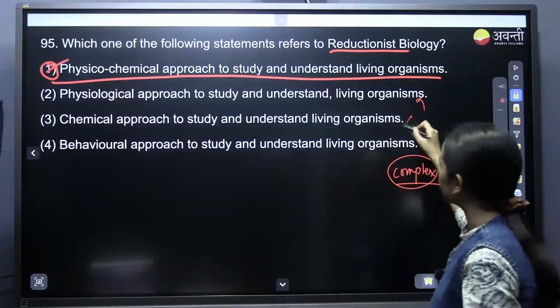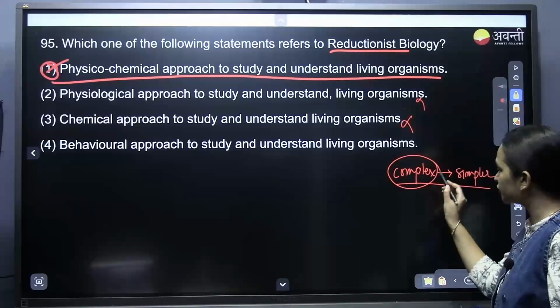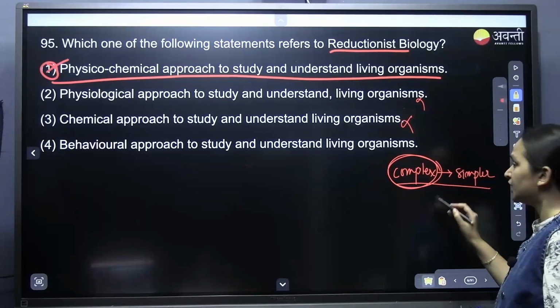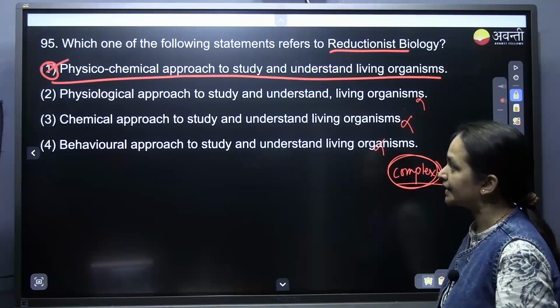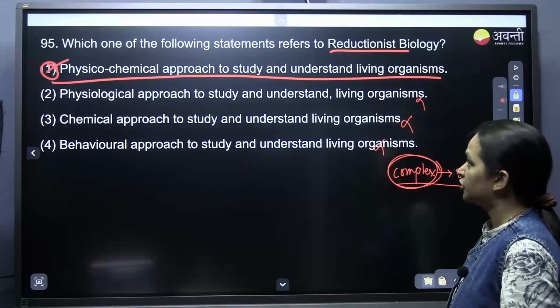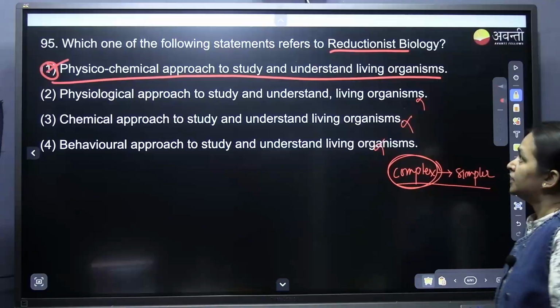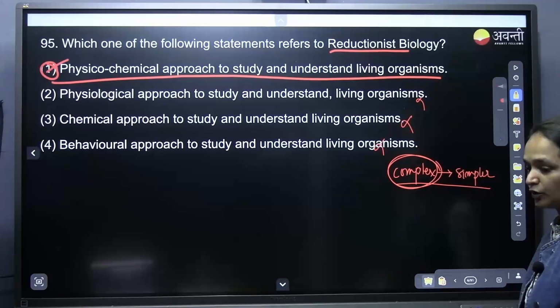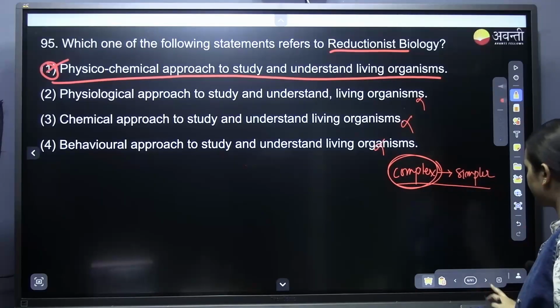A behavioral approach is wrong, because we are going from the complex to the simple. So option one, the physiochemical approach to study and understand living organisms, is reductionist biology, from the complex to the simple. Understanding?